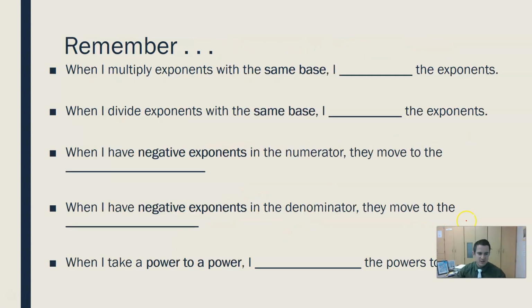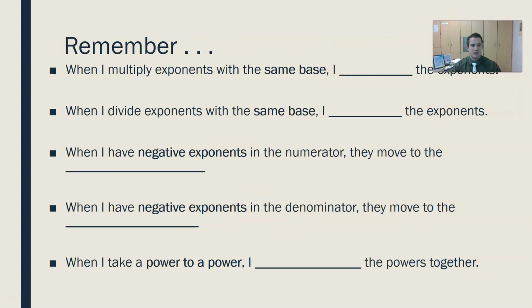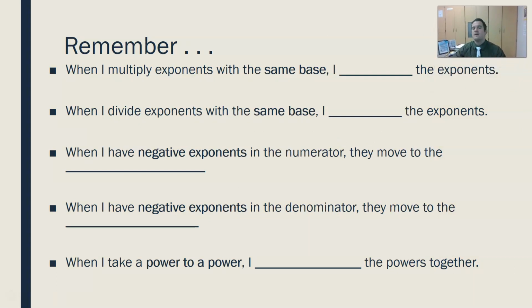Just as a reminder, let me move my face out of the way so you can see a little bit better. Here are some of the main rules that we've discussed throughout this unit. When I multiply exponents with the same base, I add the exponents. So x squared times x cubed equals x to the fifth, because I add 2 x's plus 3 x's to get 5 x's.